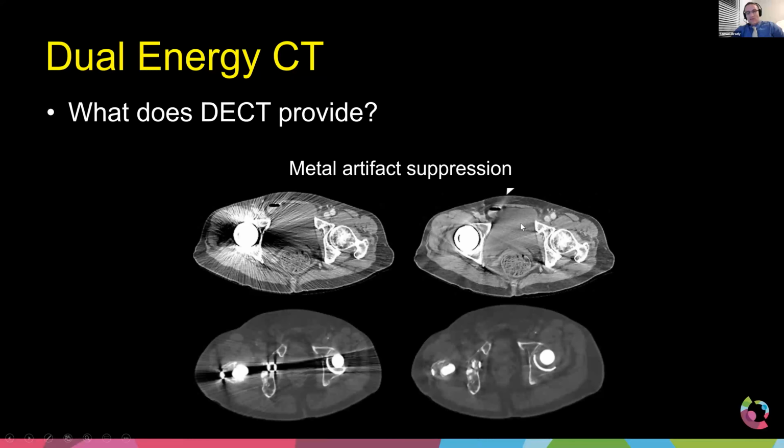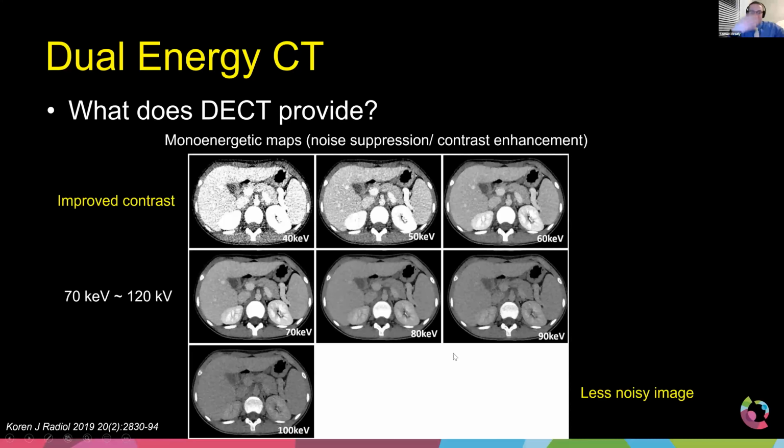So you can do pretty good metal artifact suppression in what's called single energy. All the vendors have this option, but it's not perfect. You see the residual effects. But with dual energy, you can see how it almost completely gets rid of all of that streaking and beam hardening artifact. So dual energy can be pretty artifact free when you calculate it right, or reconstruct it right.